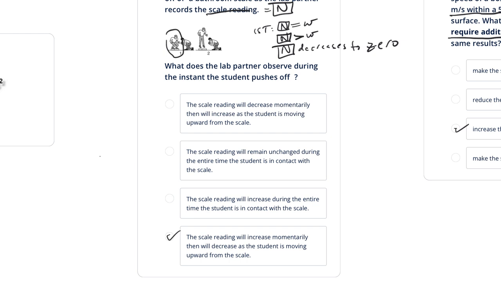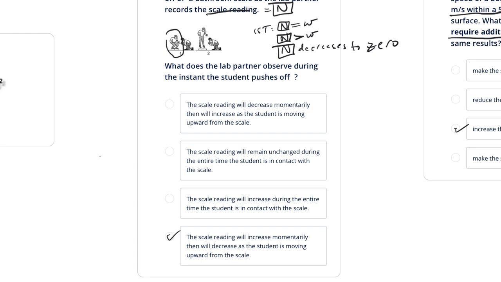Okay, next. A hot air balloon exerts a force of 1,200 newtons, lifting a load of 800 newtons. So the load weighs 800 newtons. So that's the weight pointing down.